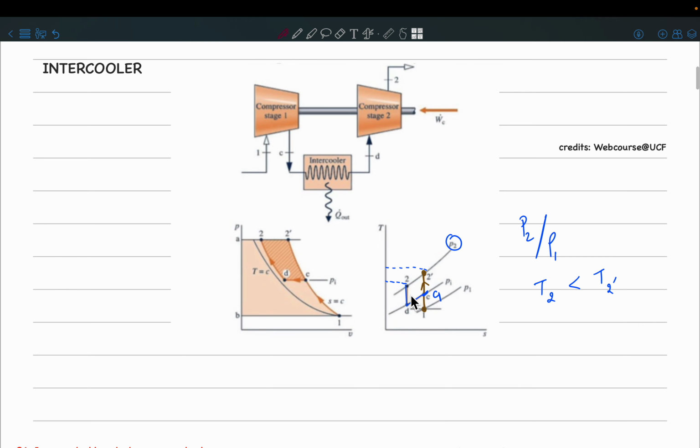So now you are achieving the same pressure ratio but at lower temperatures, right? I don't know how this is going to affect the thermal efficiency, because the pressure ratio is going to remain the same, isn't it? So the work input to, yeah.